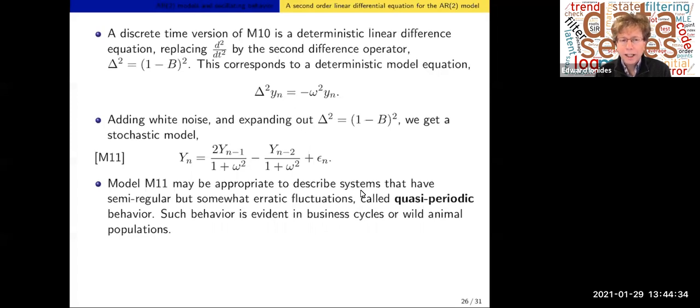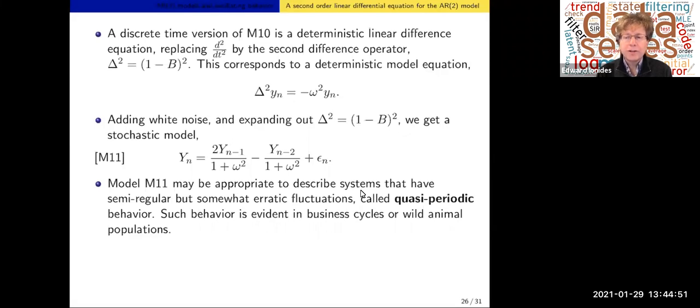We want a stochastic model, so we're going to add white noise and expand out delta squared to make it look like an AR2 model, and then we get M11 when we do that. It is an AR2 model.